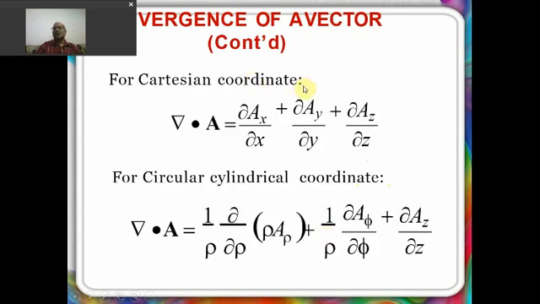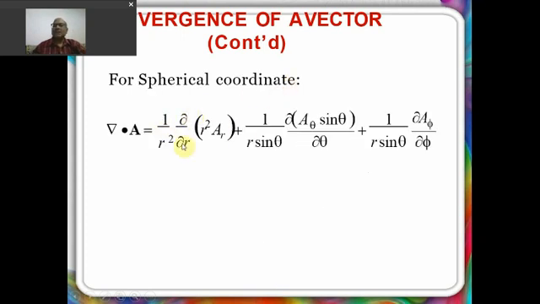For the Cartesian coordinate system, the divergence is given by del Ax by del x, plus del Ay by del y, plus del Az by del z. For circular cylindrical coordinates, we can easily find del dot A. Here the del is the cylindrical value we had in our gradient part, and A is the vector represented in the cylindrical coordinate system, which is why the A rho, A phi, and Az values will come.